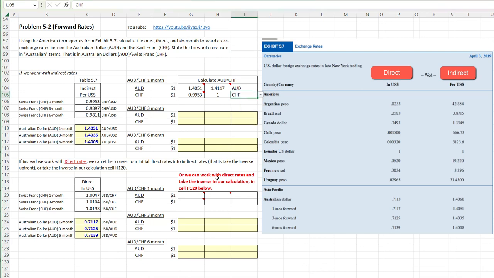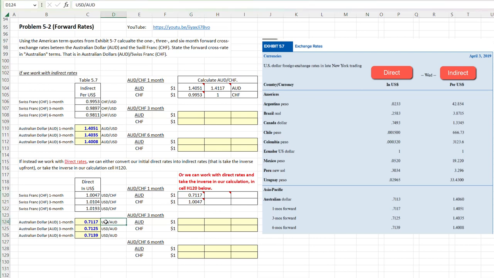If we were to instead choose to work with direct rates, we can either convert our initial direct rates into indirect rates, that is, take the inverse up front, or we can take the inverse when we do our calculation. That's the way we'll do it. Let's pick up our 1 month forward rate for the Australian dollar relative to the US dollar. That's 0.7117. The direct rate for the Swiss franc is 1.0047.